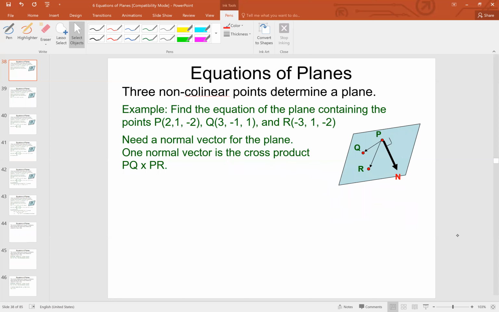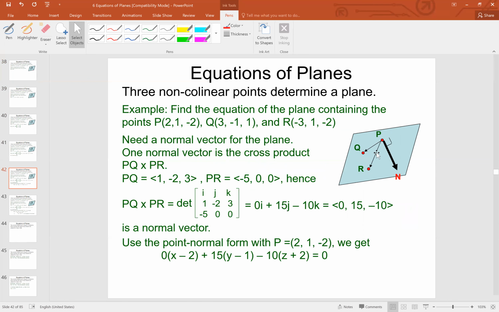How do I find the equation of the plane? I need a normal. How do I get a normal? Here are 3 points P, Q, R, and if I look at the vectors PQ and PR, I take the cross product. The cross product is perpendicular to both PQ and PR, so it must be a normal.